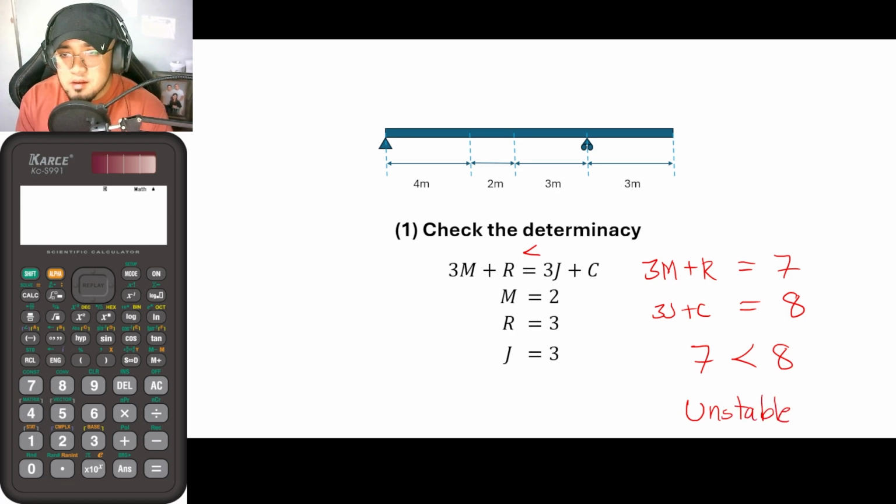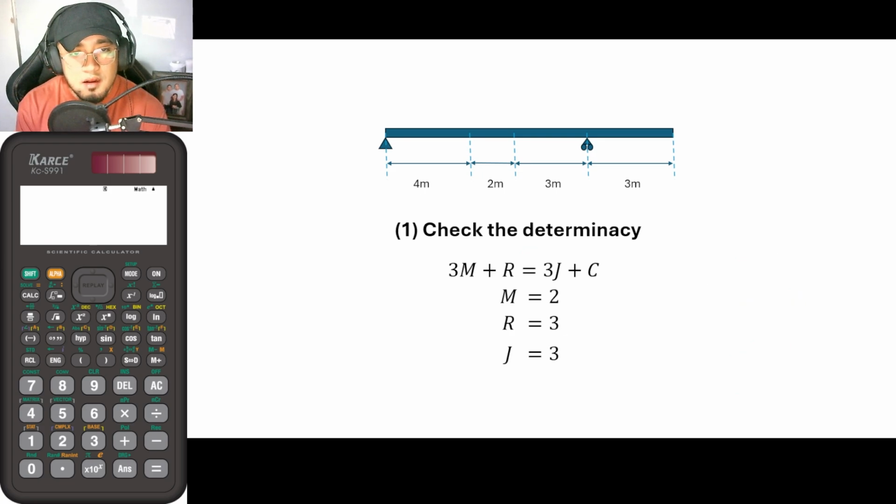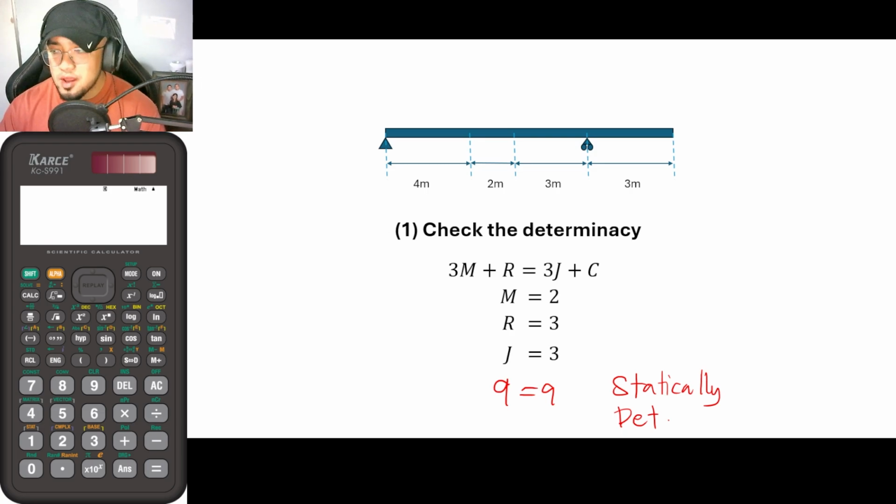So meaning that you should not be designing or even analyzing those kinds of beams, because once again, it is unstable. So even without loads, it might get destroyed. Okay? However, in our situation here, it was solved earlier that 9 is equal to 9, thus statically determinate. Okay. So, we already had a spoiler a while ago and even in the title.